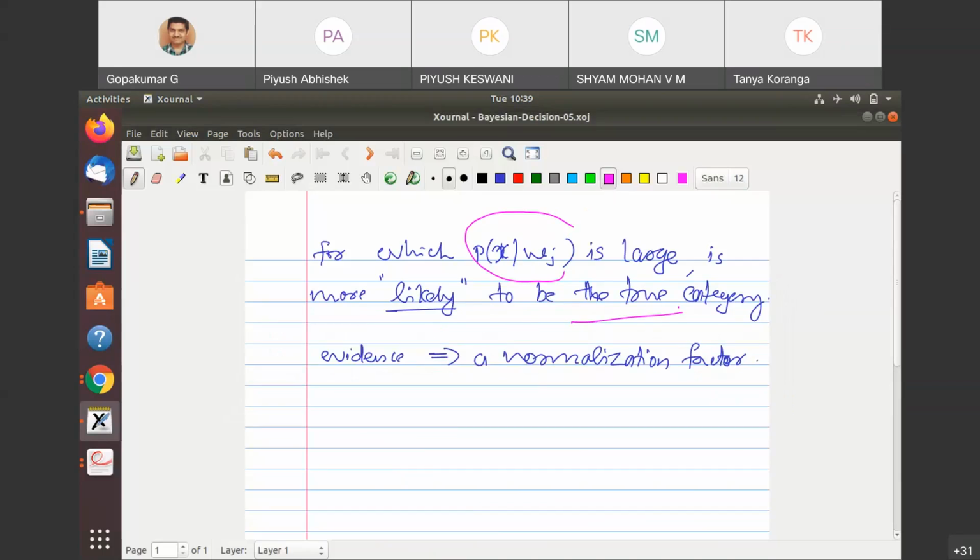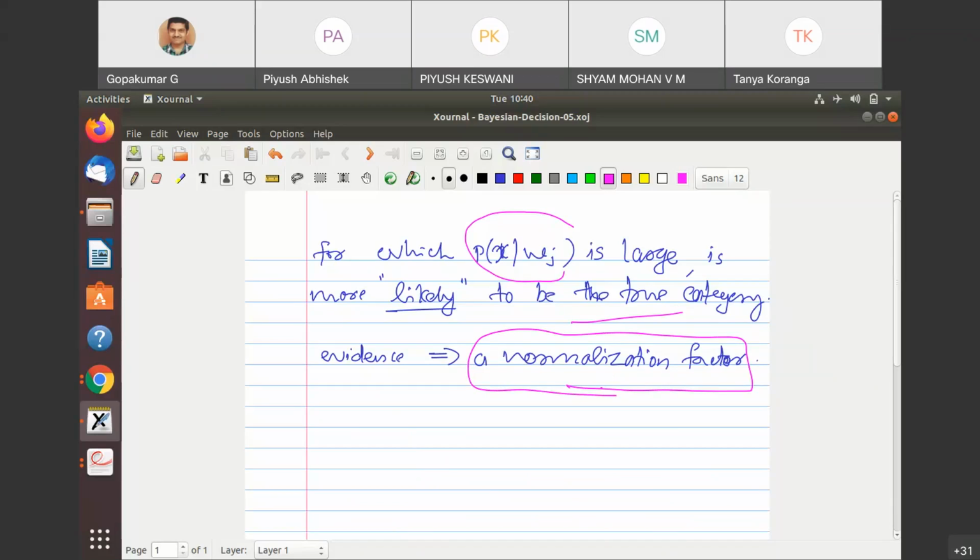So if prior probability and evidence are the same, in a particular decision making, that is the case. But there can be a situation where prior probabilities are different, but evidence is just a normalization factor or scaling factor, because that is common for whether it is W1 or W2.